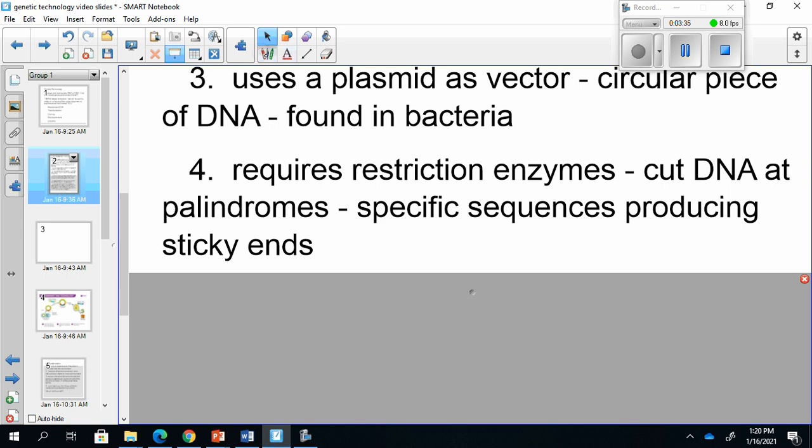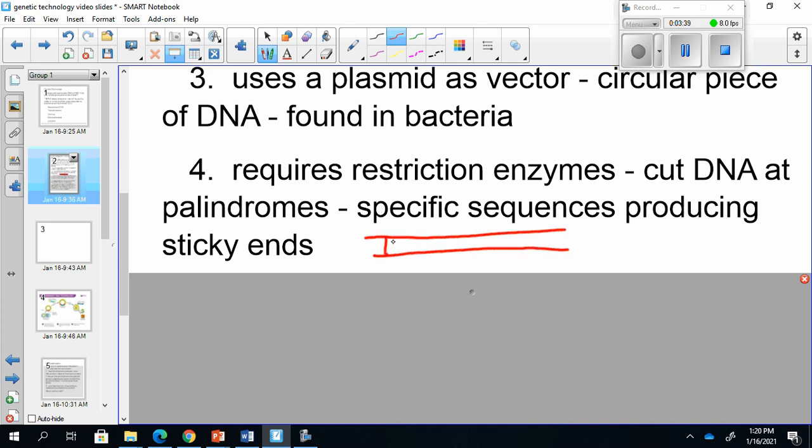So let me give you an example here. If this is my DNA, these are the hydrogen bonds between the bases like this. If I cut it with a restriction enzyme, it would look like this. This is a sticky end, so that part is open. And then the other piece is going to look like this.